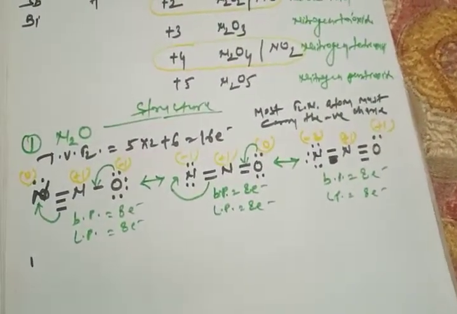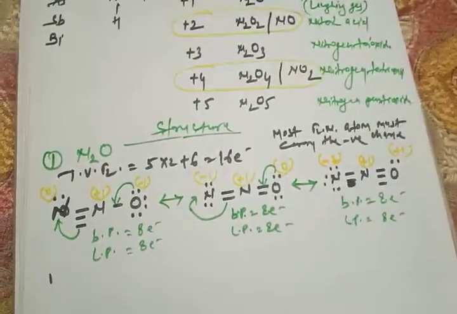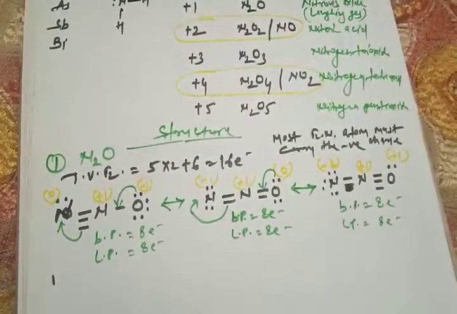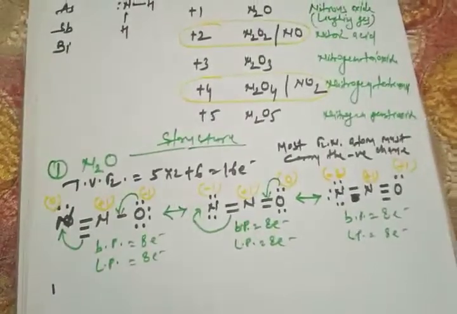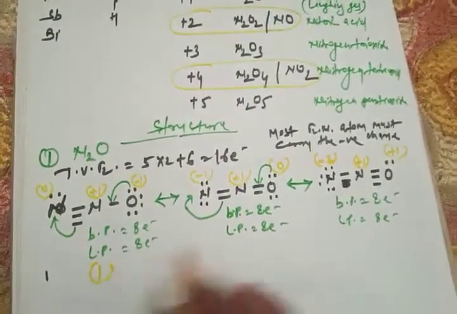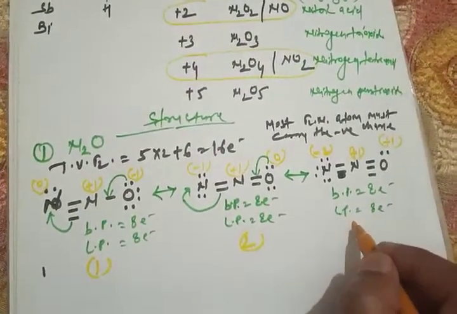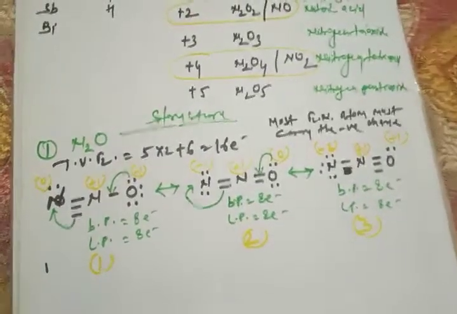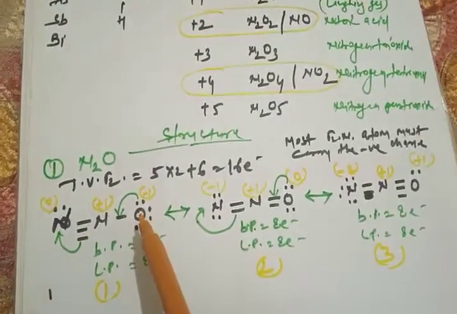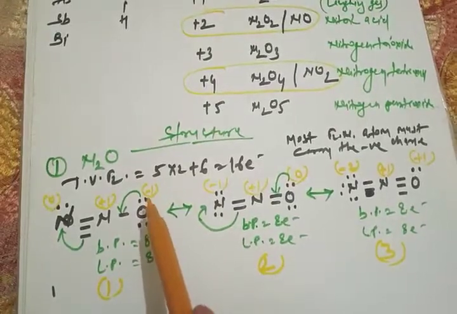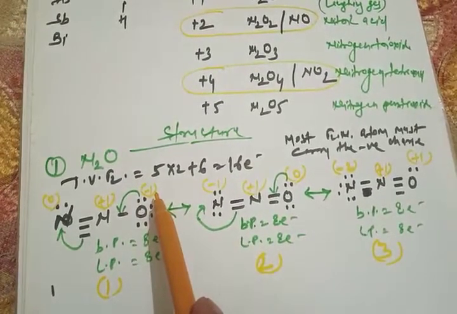So we will check: this is the first case, this is the second case, and this is the third case. Here oxygen is electronegative, so oxygen carries a negative charge.